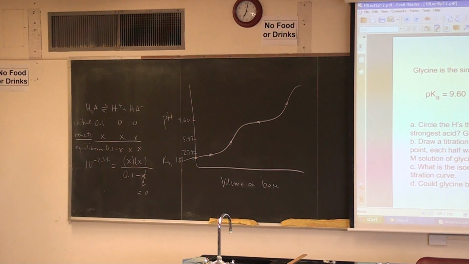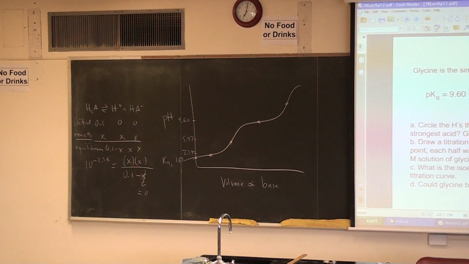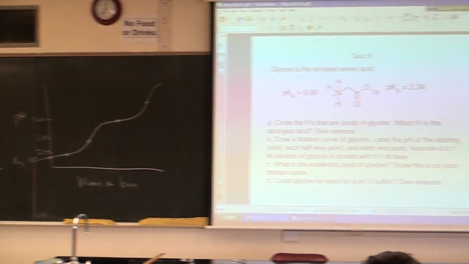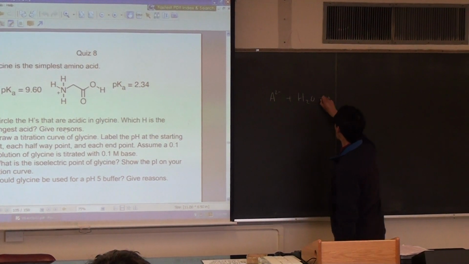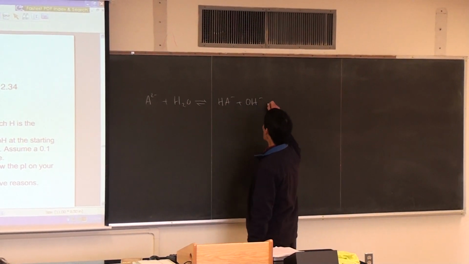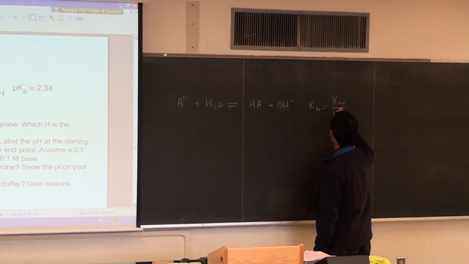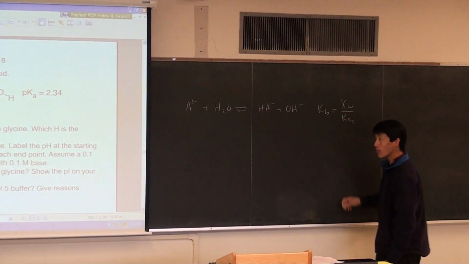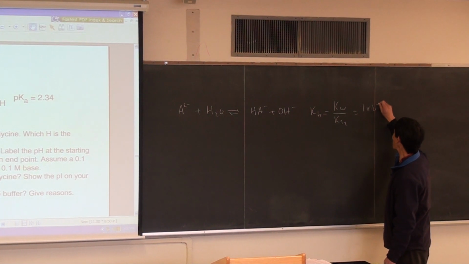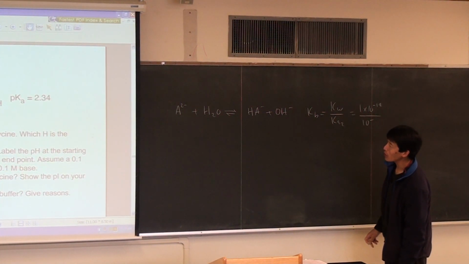At the second endpoint, we want to use Kb, so for that one, we have A2 minus reacting with water, forming HA minus plus OH minus. This is going to be Kb. When we do this calculation, this is equal to 1 times 10 to the minus 14 divided by 10 to the minus 9.6 power.